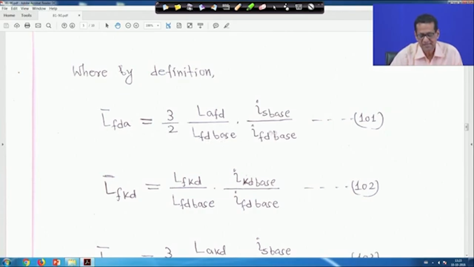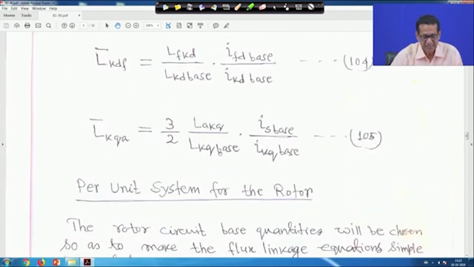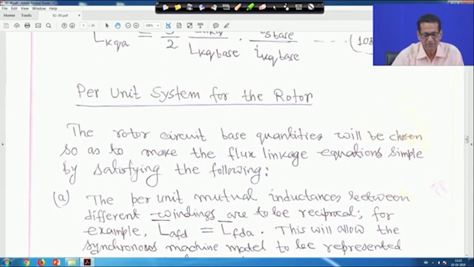Similarly, LKQA bar is also multiplied by 3 by 2, but what we have to do is see that things are reciprocal. That means per unit values referred to either stator or rotor side have to be the same, like in a transformer I refer to the primary or secondary side, but one 3 by 2 factor is there, we have to eliminate that.